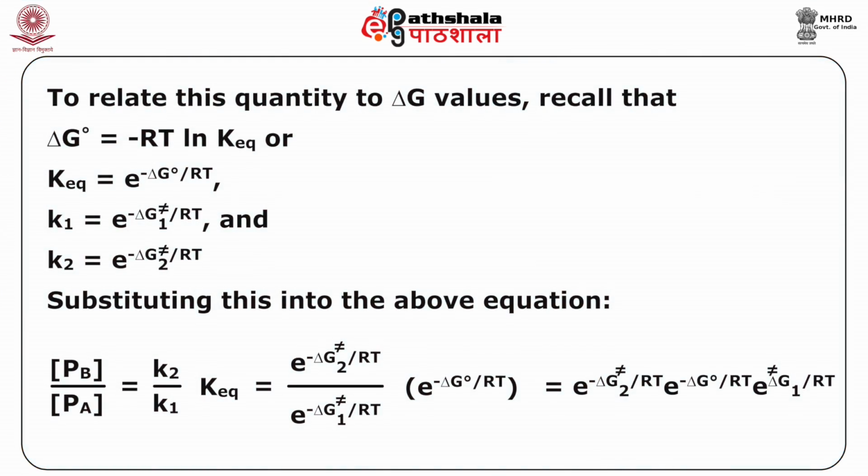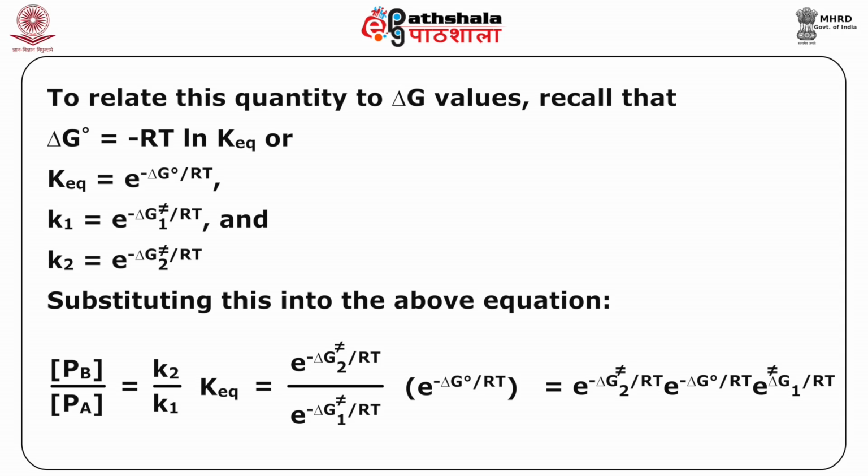To relate this quantity to the delta G, that is free energy values, recall that delta G equals minus RT natural log of K equilibrium, or K equilibrium equals e to the power of minus delta G/RT, where K1 equals e to the power of minus delta G1/RT, and K2 equals e to the power of minus delta G2/RT.